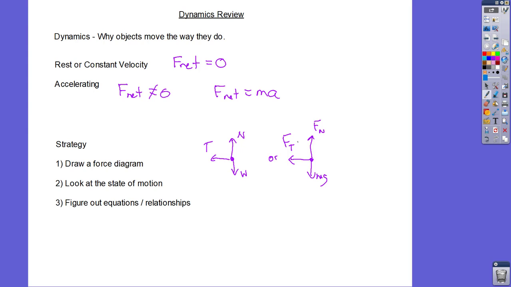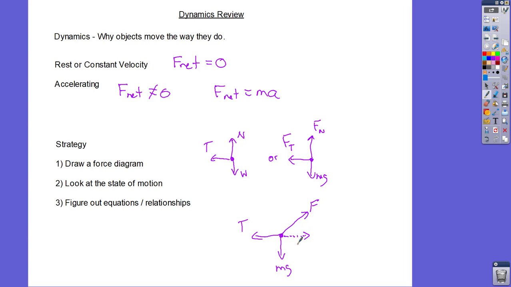Remember that if you have a force that is at some sort of angle relative to the axes, so maybe we have F and mg and a tension or something like that, that force F is not along the x and y axes, so then we want to think of components.